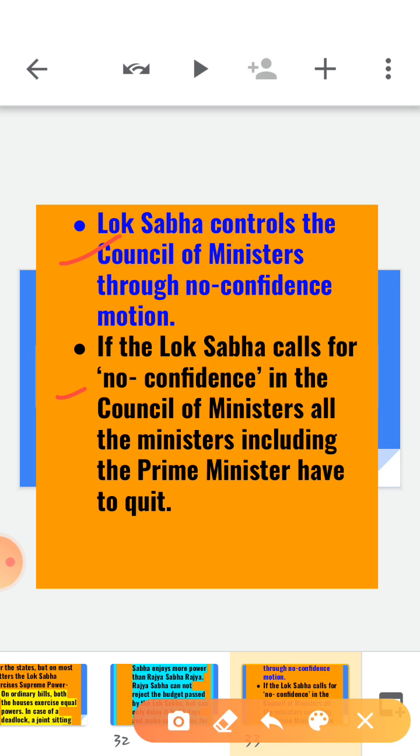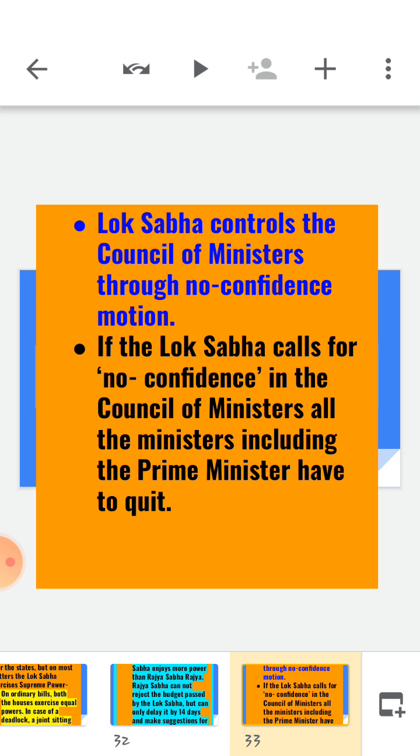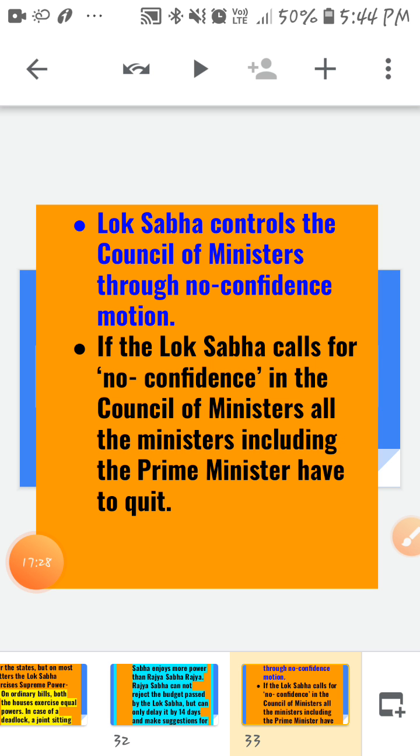All ministers, including the Prime Minister, have to quit. But the Rajya Sabha does not have this power. Clear? So that's why we can say that the Lok Sabha is more powerful than the Rajya Sabha.